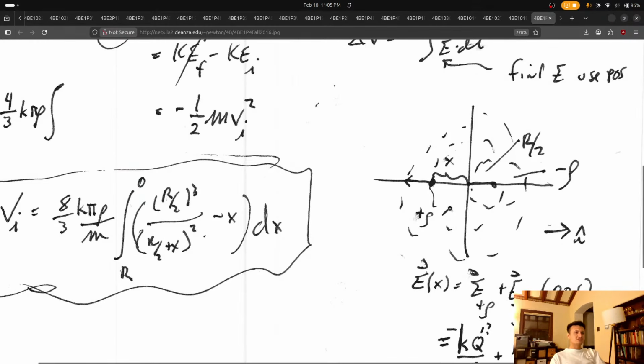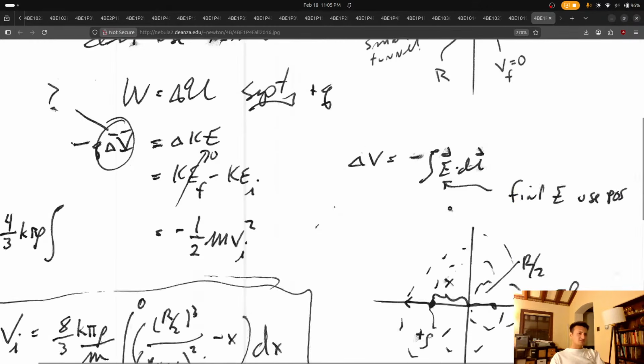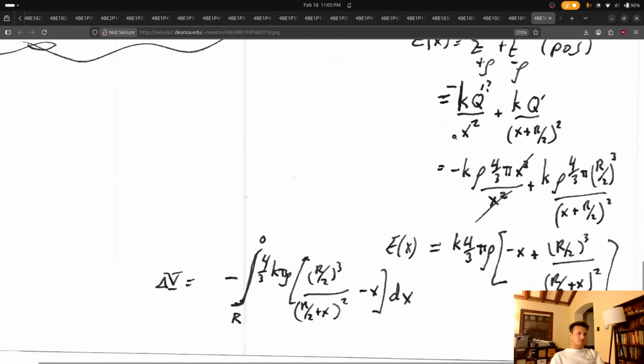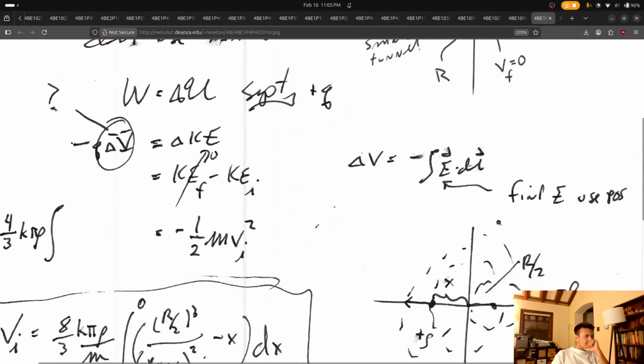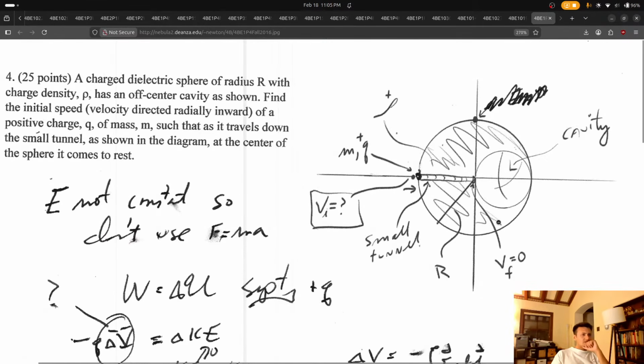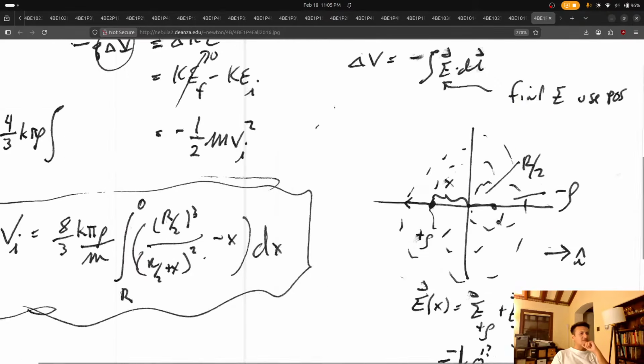Are you allowed to do this? Yeah, is that right? He didn't use Gauss's law to find the.